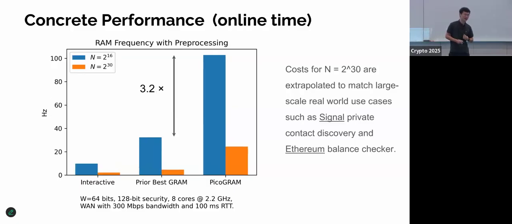But one nice thing about garbled RAM is that the garbler can send the garbled circuit to the evaluator in advance. So if you allow this kind of pre-processing, our garbled RAM can achieve a frequency of about 100 Hertz for n equals 2 to the 16 and about 20 for n equals 2 to the 30.